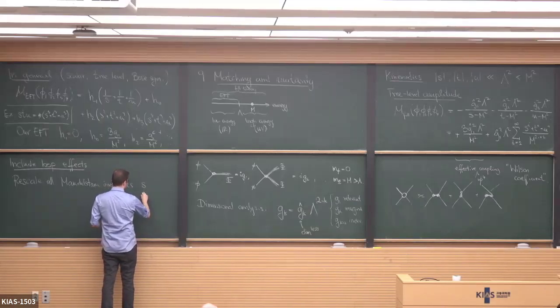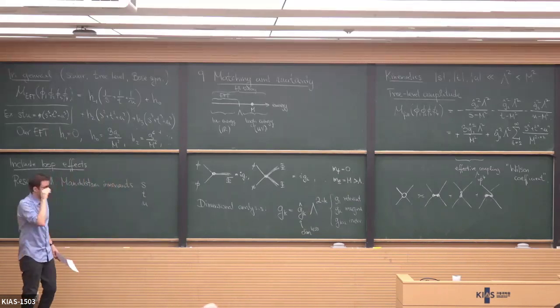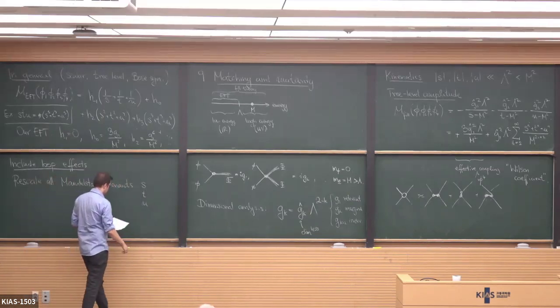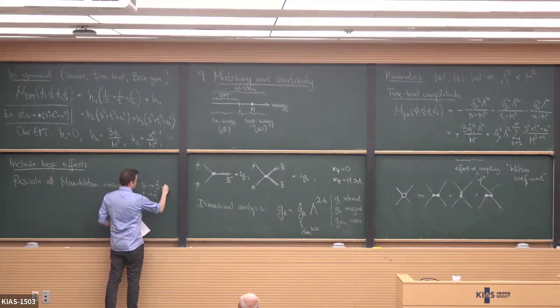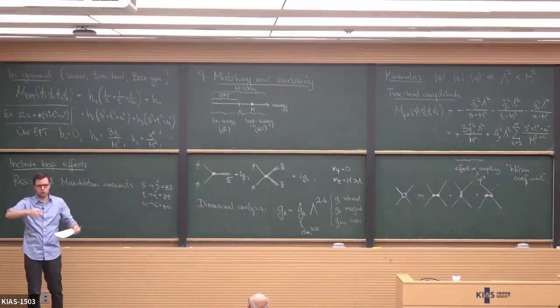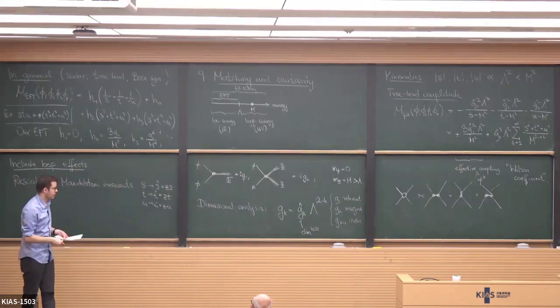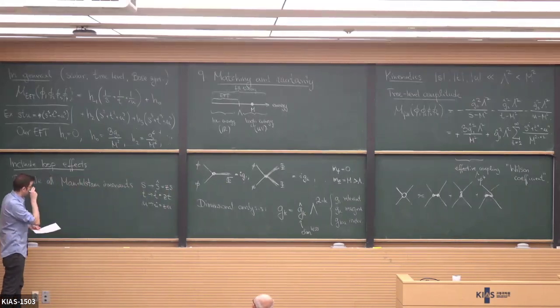So I'm going to have my s, t, and u. What I'm saying here works at any multiplicity. This could have been any other Mandelstam invariant. And I'm going to rescale it to a new variable, s hat, t hat, and u hat, which is simply z times the original s, z times the original t, and z times the original u, with the idea that z controls the scale at which I'm probing my physics.